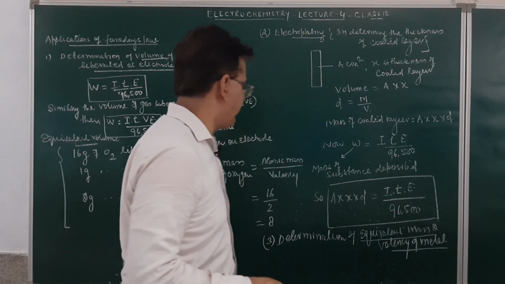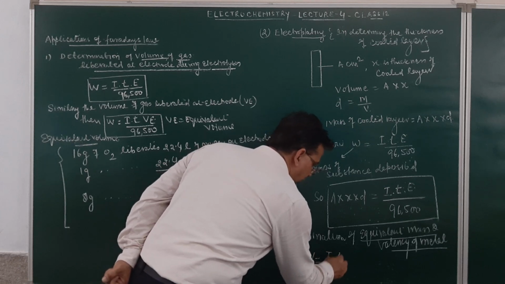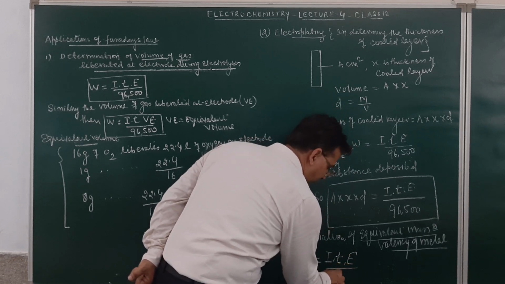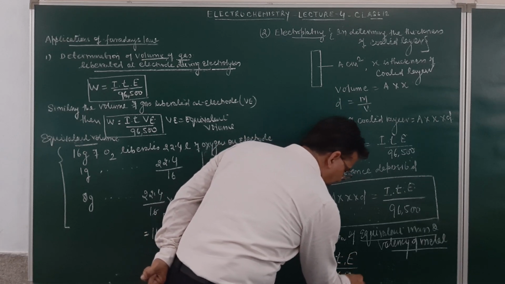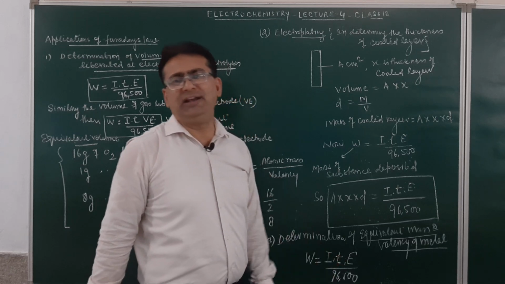What formula do we have? We have W equal to I into T into E upon 96,500 coulomb. From here, we can find out the equivalent mass.